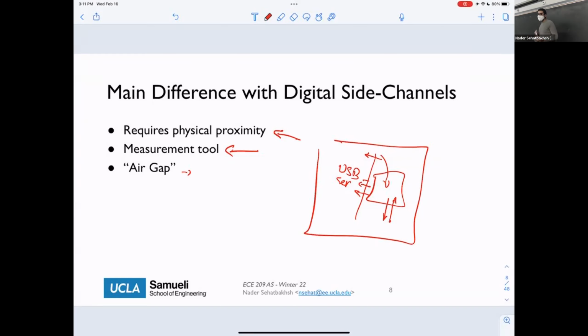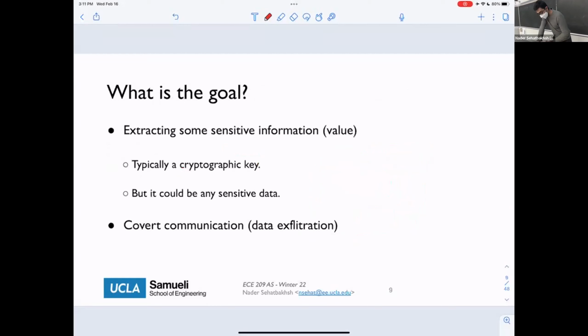But for physical side channels, the concept of air gap doesn't matter, because the attacker can get close to even an air gapped computer and extract the same things they would from a normal computer. So that's another major difference between the two. In that sense, physical side channels are more powerful because they can even attack air gapped computers.